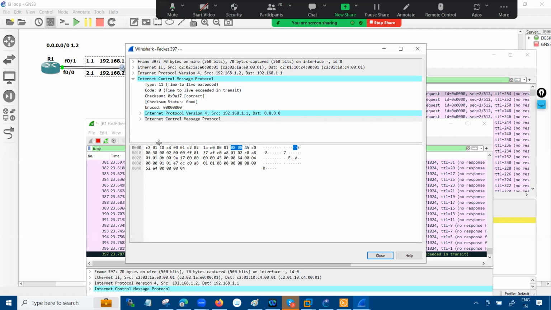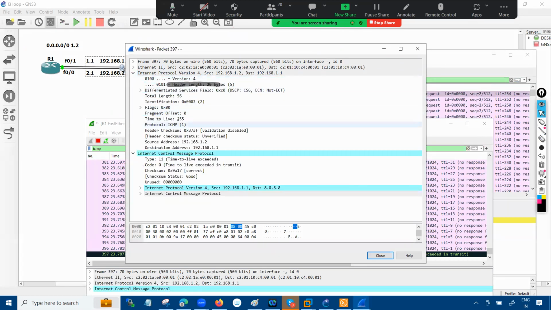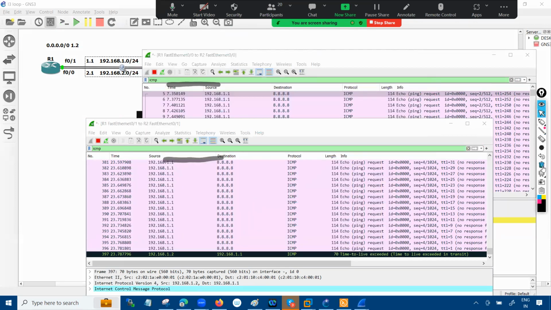You can see the message: time to live exceeded. If you go to the IP header, the TTL is 255, but it's saying time to live exceeded. Why? Because now the packet is going to be dropped. This is the last packet that we have over here, that's TTL 1 and that's TTL 0.